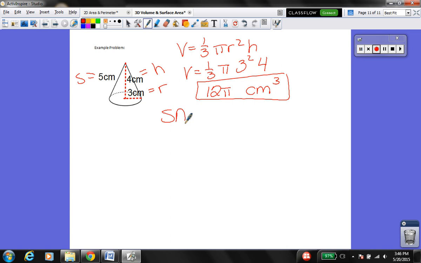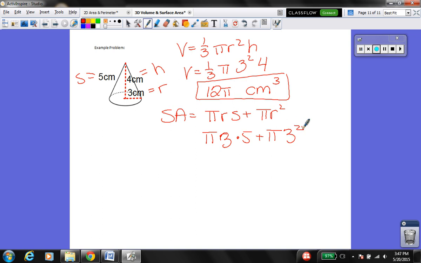Last thing, surface area. Surface area is equal to pi r s plus pi r squared. So in this, we just plug in the values. r is 3, so pi times 3 times s, which is 5, plus pi r squared, pi times 3 squared.